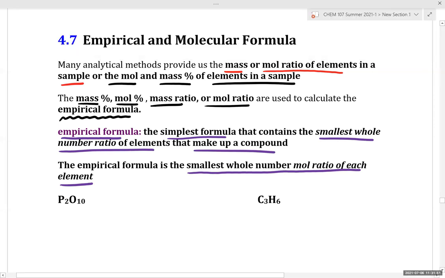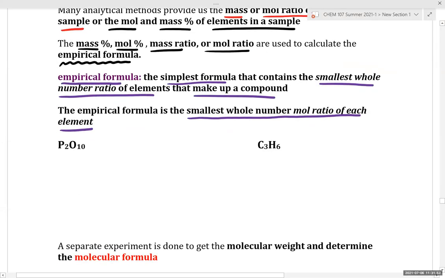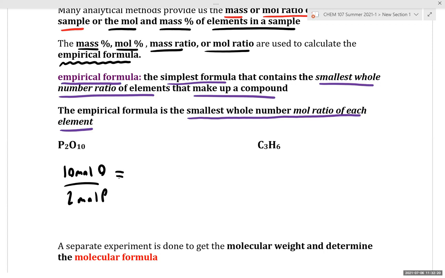To give you an example of how we can convert a long form molecular formula into an empirical formula, let's look at these two examples. For P2O10, we have 10 moles of oxygen for every 2 moles of phosphorus. Now, we can simplify this 10-to-2 ratio. And if we're writing the empirical formula, we want the simplest mole ratio.